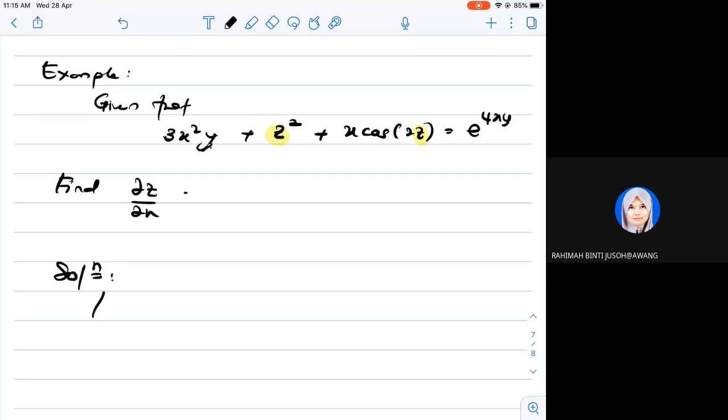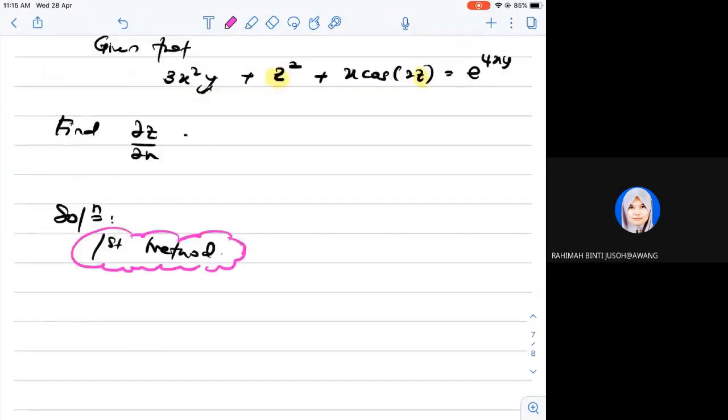Okay, solution. First method. Setengah student dia tak suka kaedah first method ni, dia pening. Okay, tapi kalau you expert, you boleh guna kaedah first method ni. Alright, so differentiate both sides. Okay, differentiate. Kenapa pening pula?